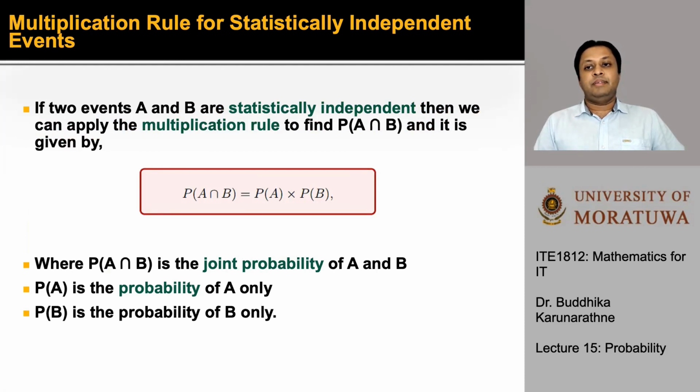If we identify that two events, A and B, are statistically independent, then we can apply the multiplication rule to find the probability of the intersection of A and B. It is given by P(A intersection B) equals P(A) times P(B), where P(A intersection B) is the joint probability of A and B, and P(A) and P(B) are the probabilities of A only and B only.